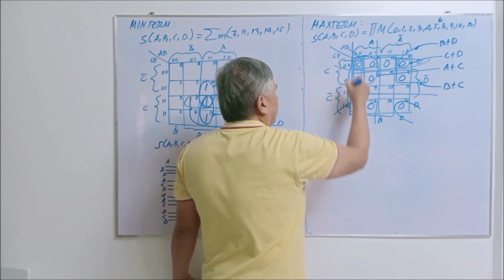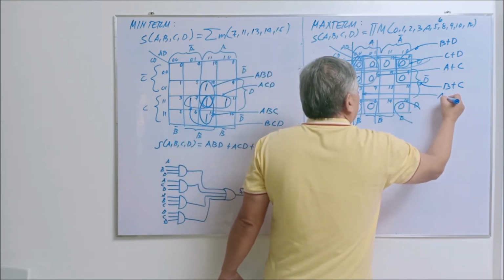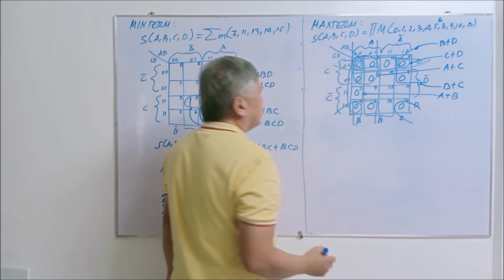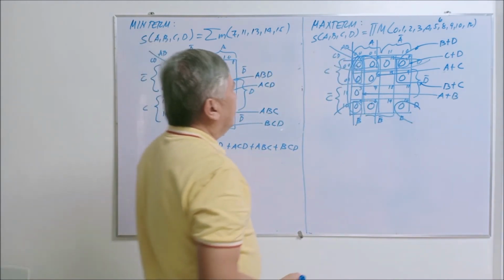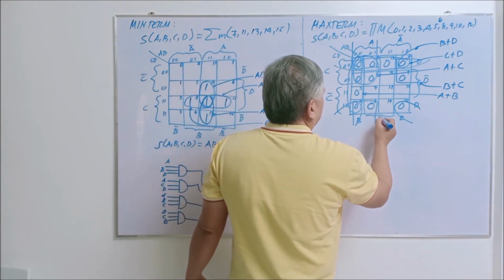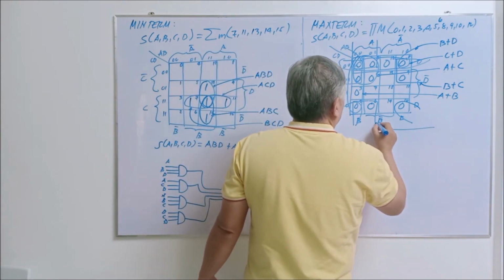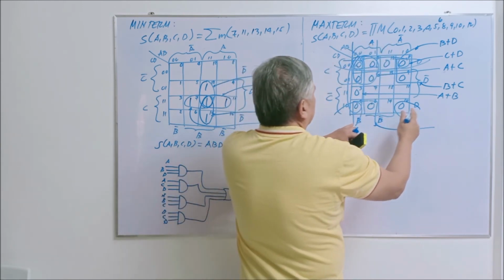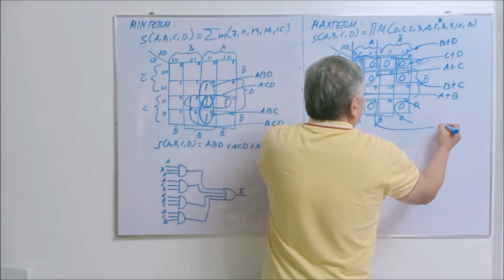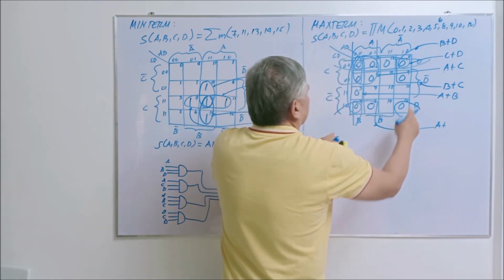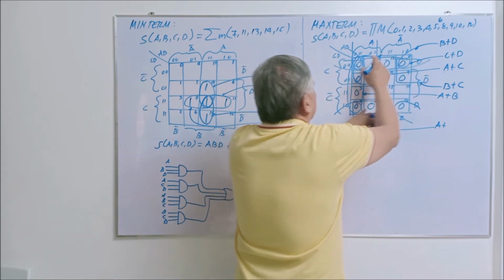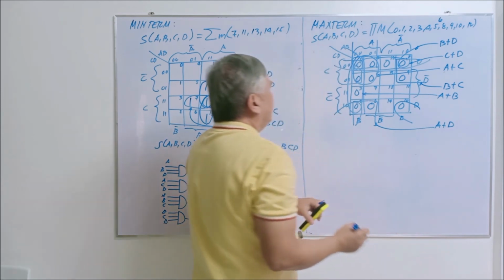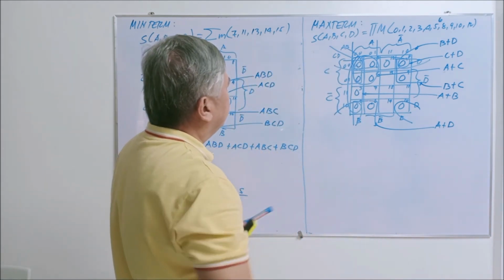So, this is under A plus under B. Okay? And then, the last one will be this one. That is this one here and this one. So, this is under A plus, the side, this one, that is under D. Okay? So, are there no more?